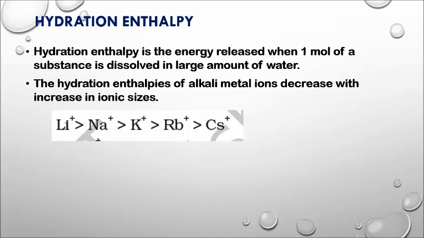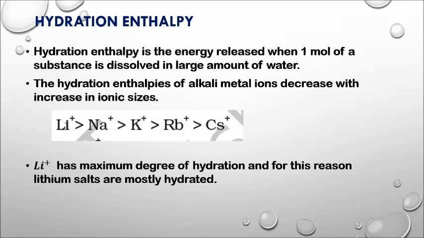That's why we say that lithium has more hydration enthalpy. So Li+ has the maximum degree of hydration, and for this reason the lithium salts are mostly hydrated. They are usually found hydrated. An example is lithium chloride, which is available in the form LiCl·2H2O. There is water content, 2H2O, along with this compound, which means it is hydrated lithium chloride.